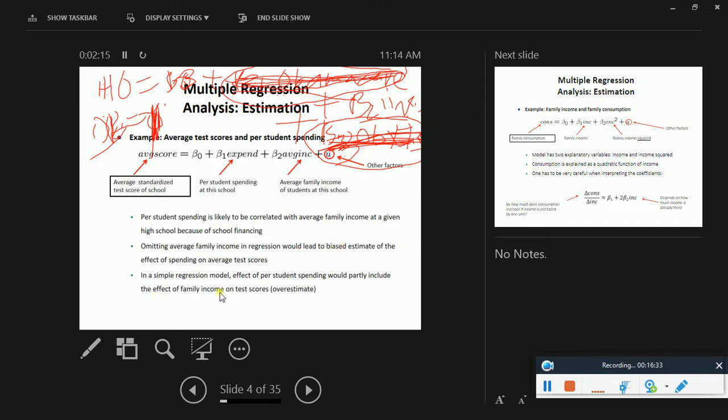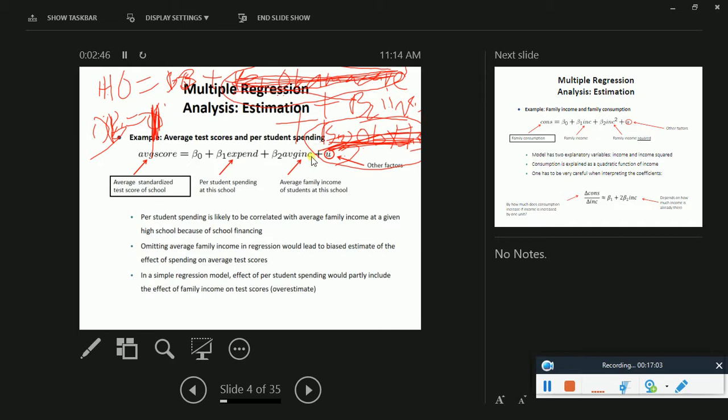Okay. So in a simple regression model, the effect of per student spending would partly include the effect of family income on test scores. So per student spending in a simple regression is like a subsample of total spending, right? So it would only partly include the effect of family income on test scores.